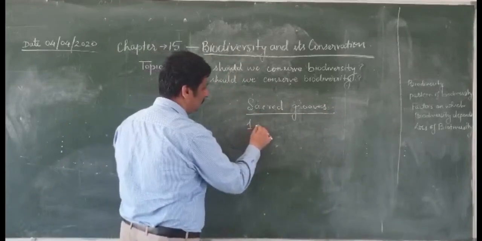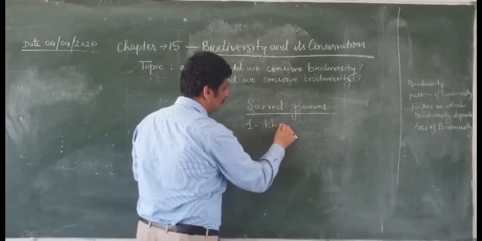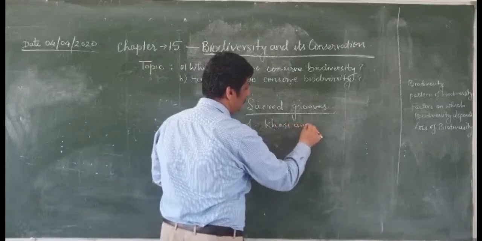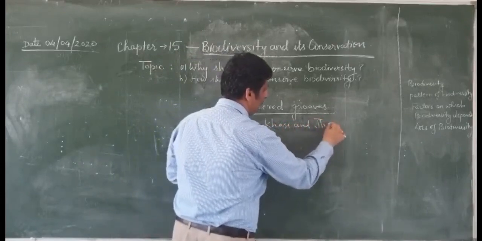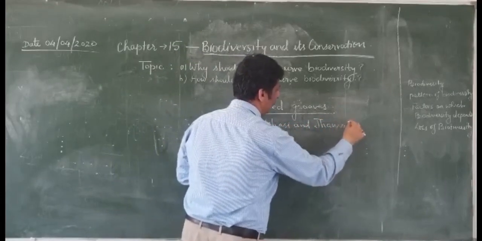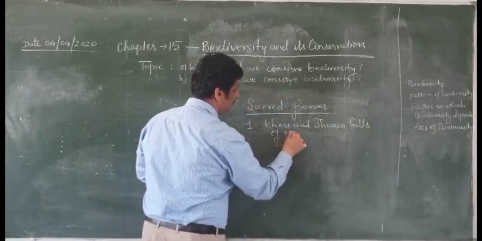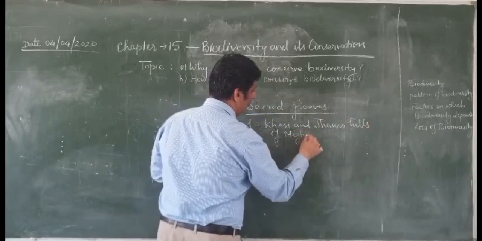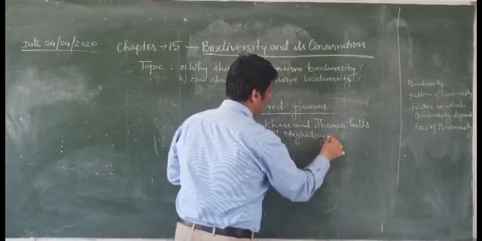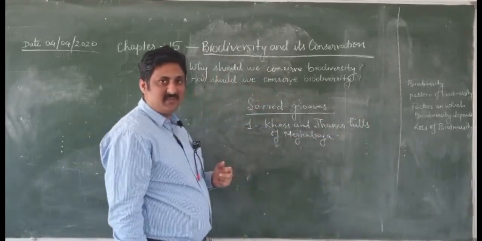For example, Khasi and Jaintia hills of Meghalaya is one of the sacred groves.